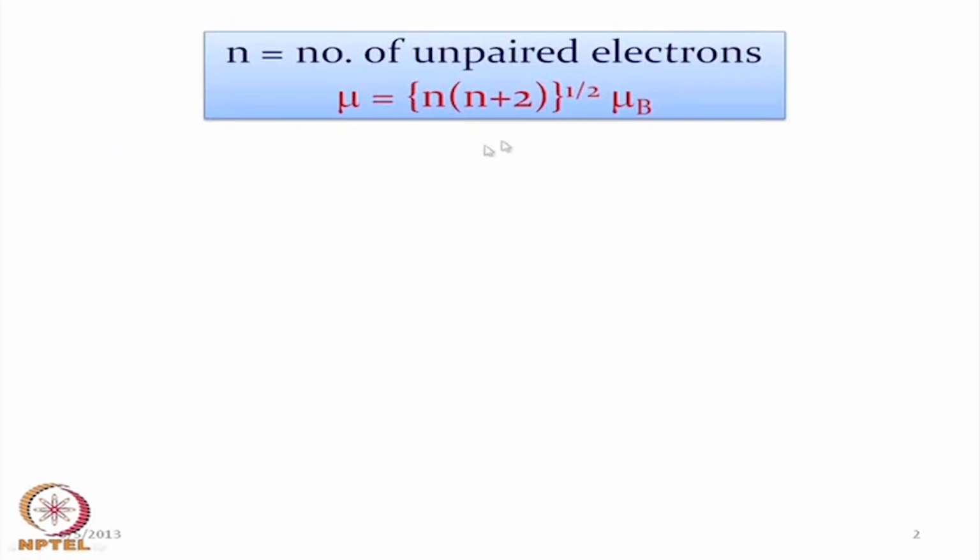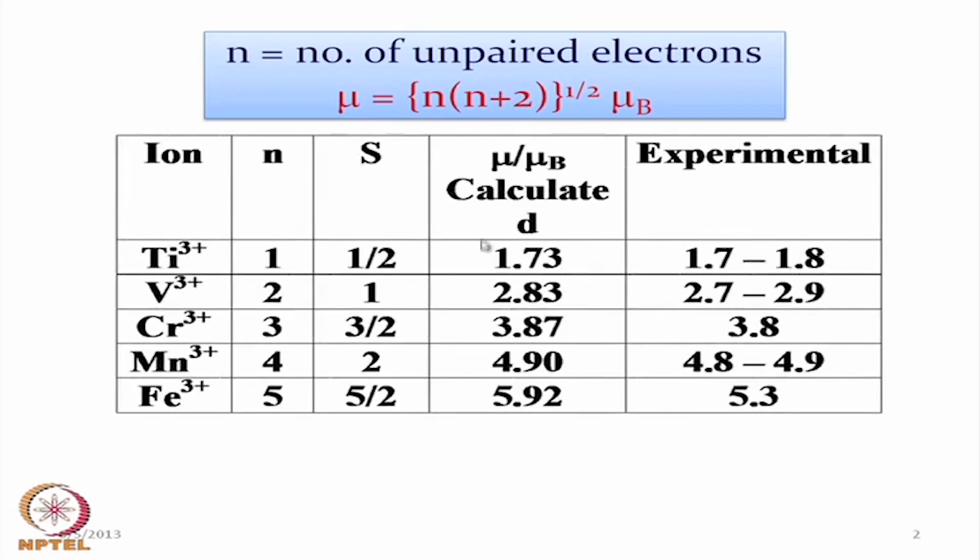So we use this equation for determining the number of unpaired electrons in the different systems. We can see how we calculate it, whether we have 1 unpaired electron, 2 unpaired electrons, up to 5 unpaired electrons.